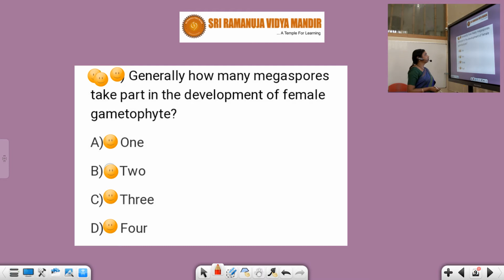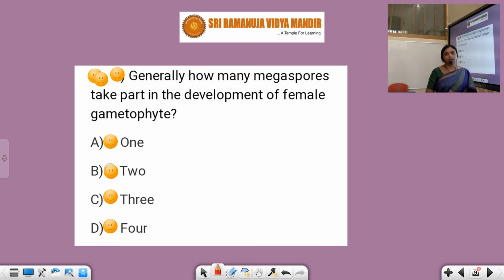Generally, how many megaspores take part in the development of female gametophyte? If it is monosporic type, that means 3 megaspores degenerate and only 1 is functional. And this 1 megaspore undergoes mitotic division and forms an 8 nucleate embryo sac.